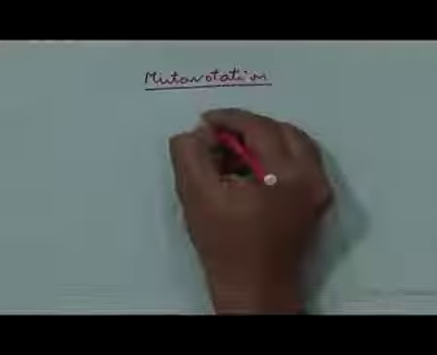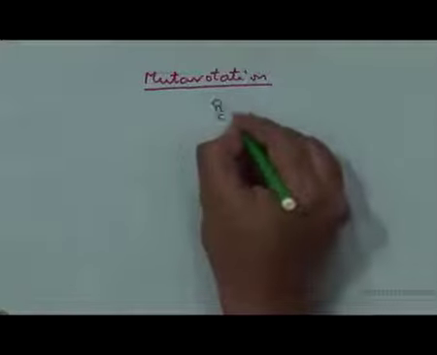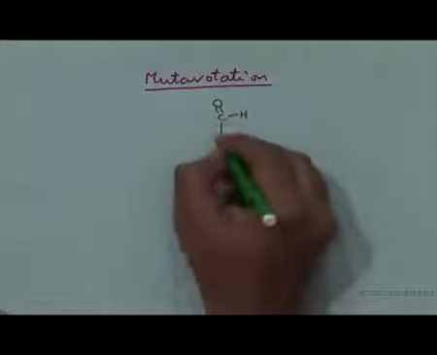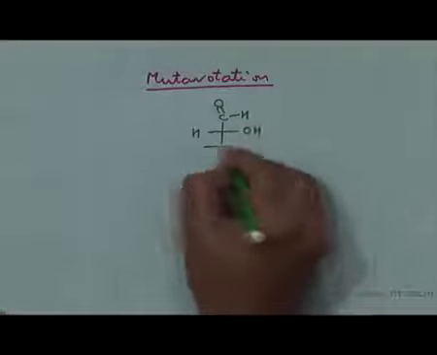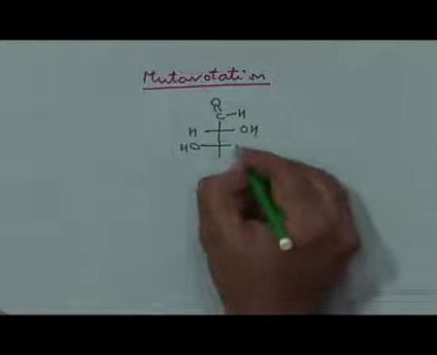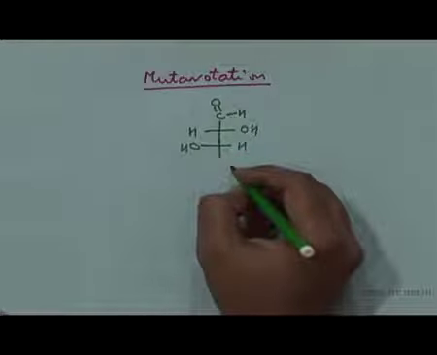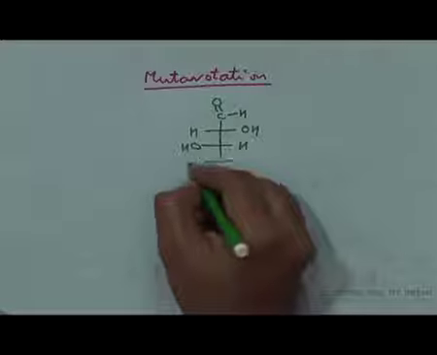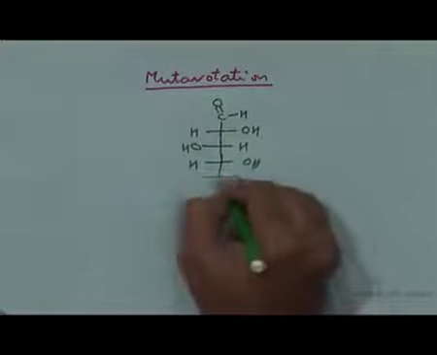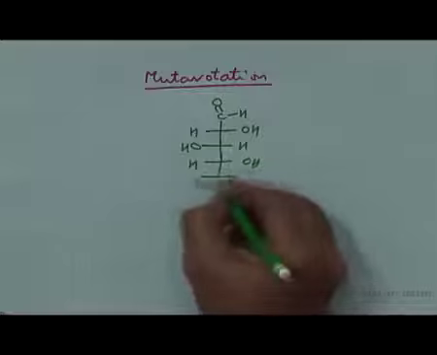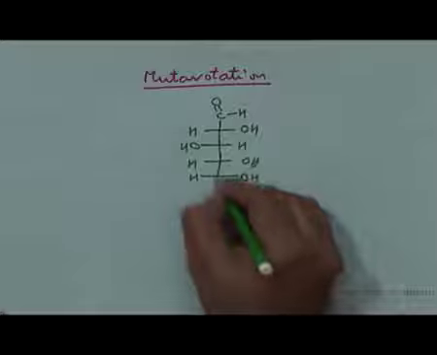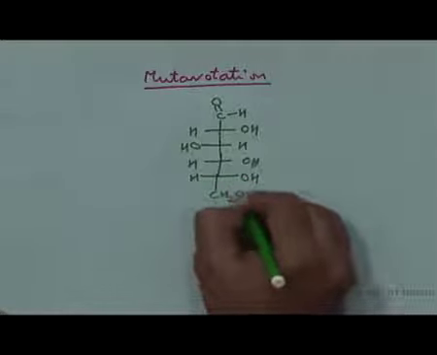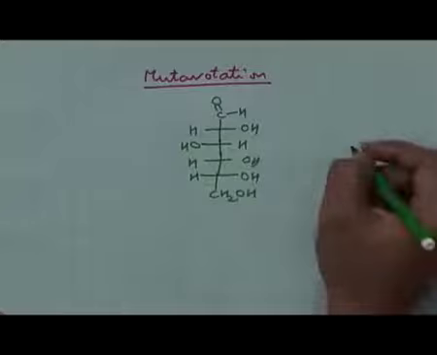If we consider the open chain form and its ability to rotate plane polarized light, I am assuming that you are well familiar with the concept of chirality, as we know that a chiral molecule has the ability to rotate plane polarized light.